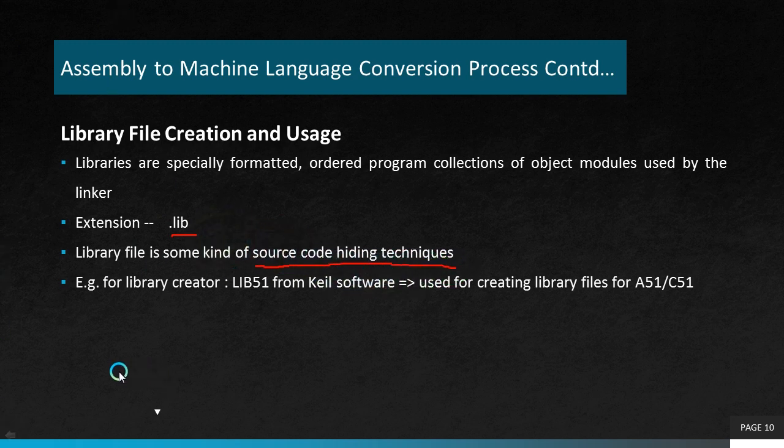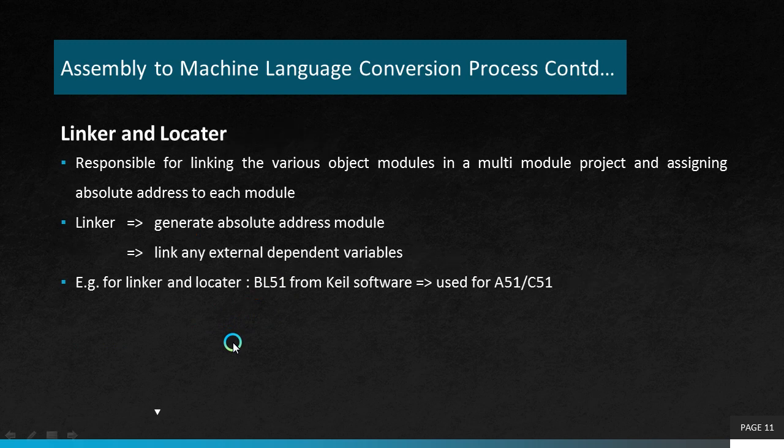That is, if you don't want to reveal the source code behind the functions in your program, but you need to distribute it to developers, then you can supply it as library files. An example of a library tool is lib51, which is used for creating library files for the A51 assembler or C51 compiler.